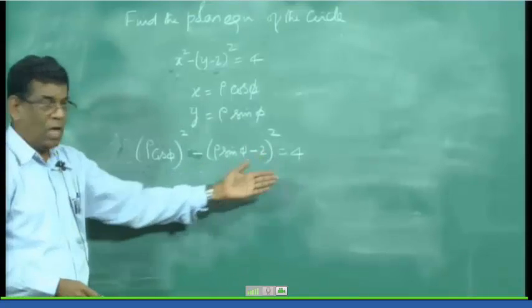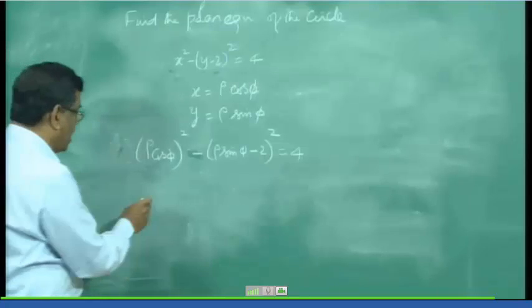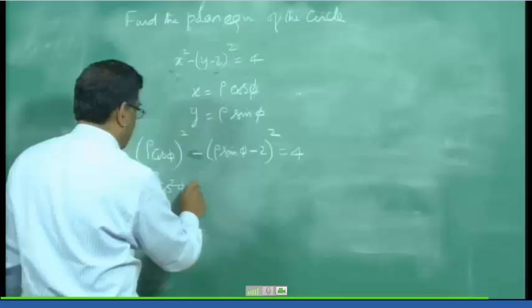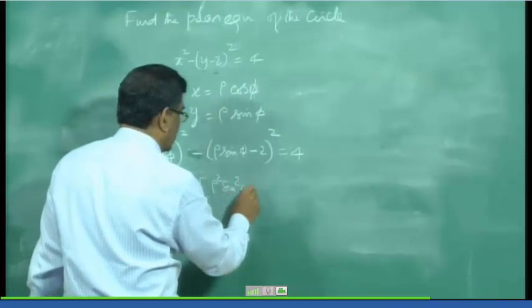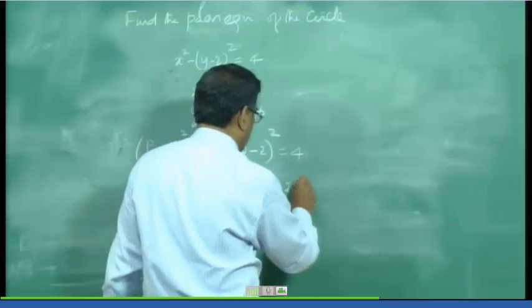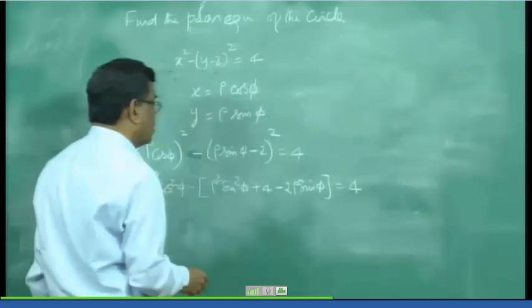This is the equation to the circle. Now I have converted into polar. I should square and rearrange. This is rho square cos square phi plus rho square sin square phi plus 4 minus 4 rho sin phi is equal to 4.